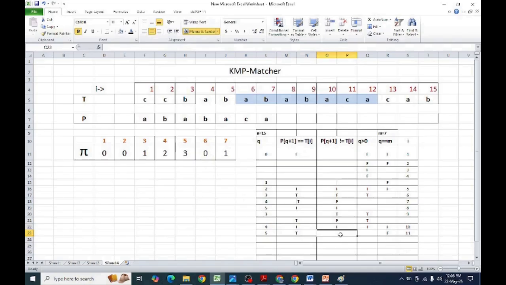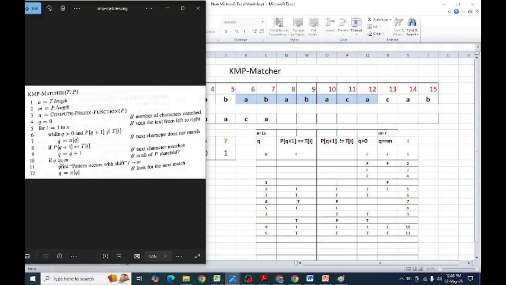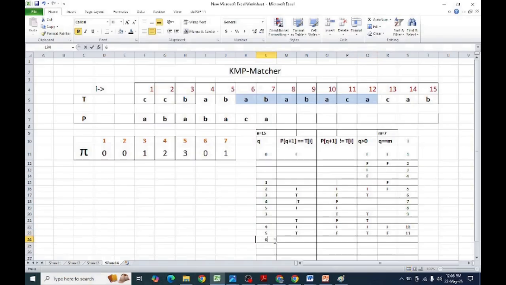This condition is false. Q greater than 0, okay, true, but since the other condition is false, this while loop will not work. We will be inside this if statement. That condition is correct. Q will be incremented. Q will be 6. Then Q is equal to M? No, then I will be incremented.